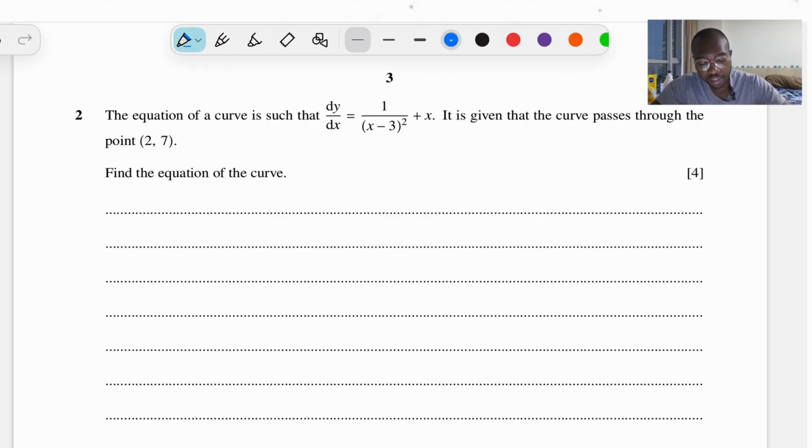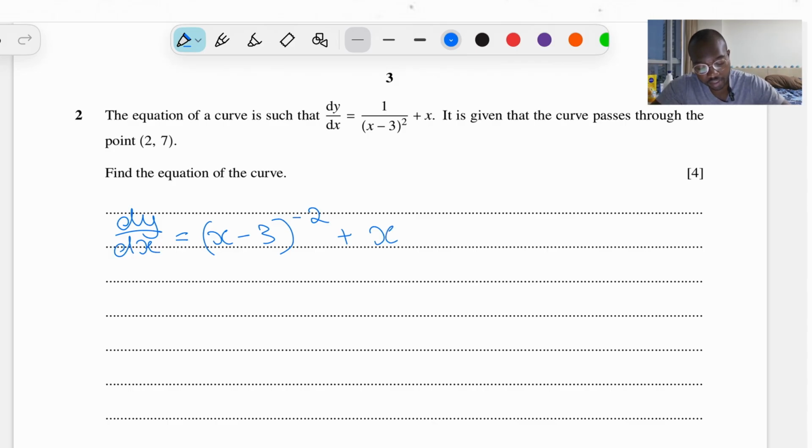So if we integrate this, I'm going to rewrite it slightly differently. dy/dx = (x - 3)^(-2) + x. Now I'm going to integrate this.